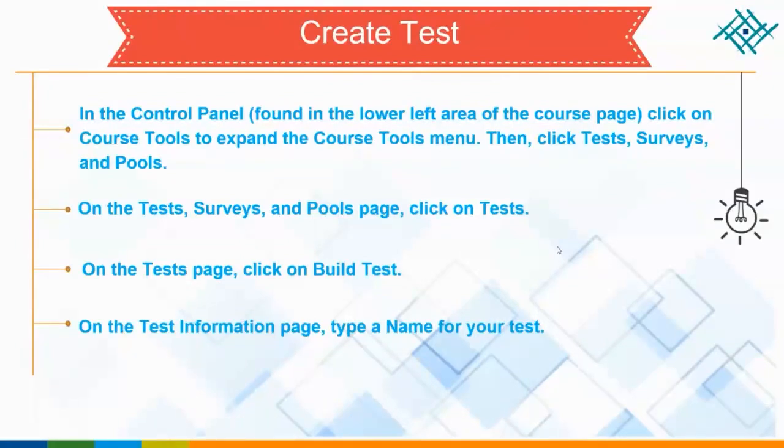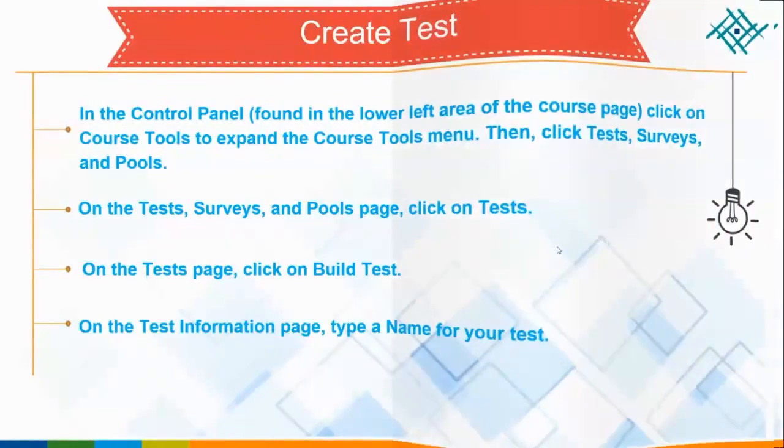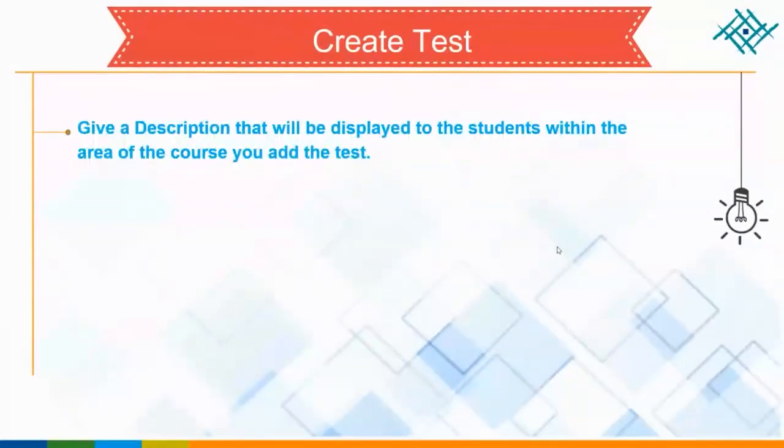On the test information page, you have to provide a name for your test. Then you can give a description that will be displayed to the student. Within the area of the course, you add the test.